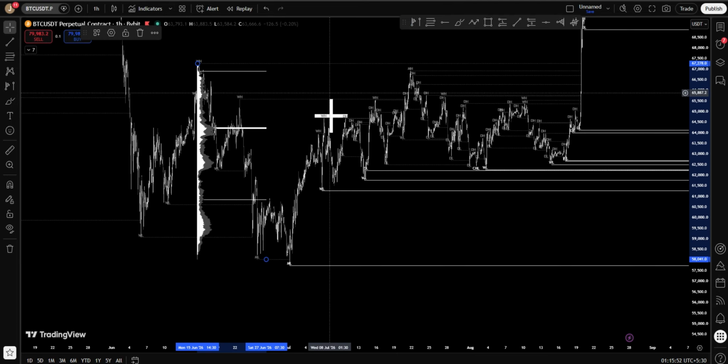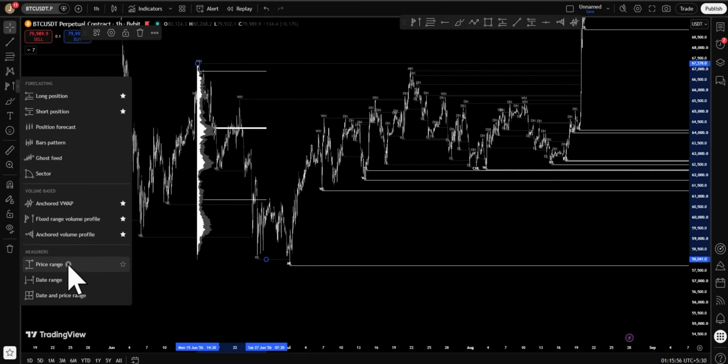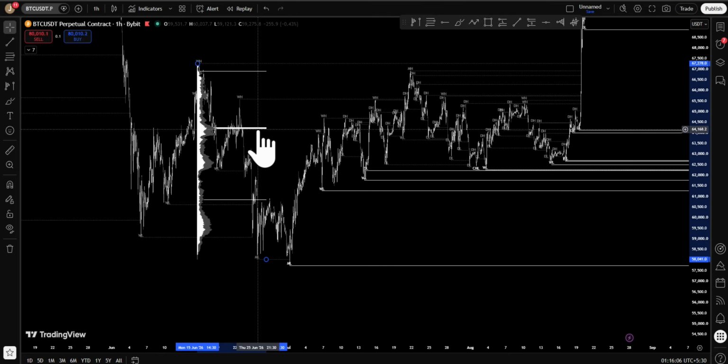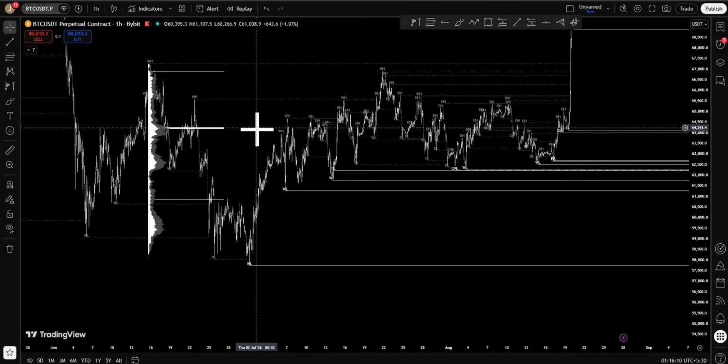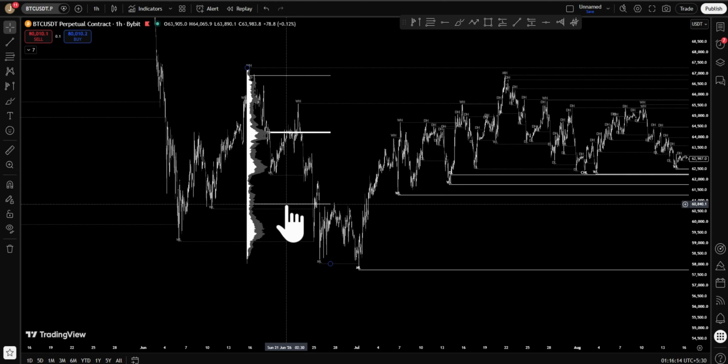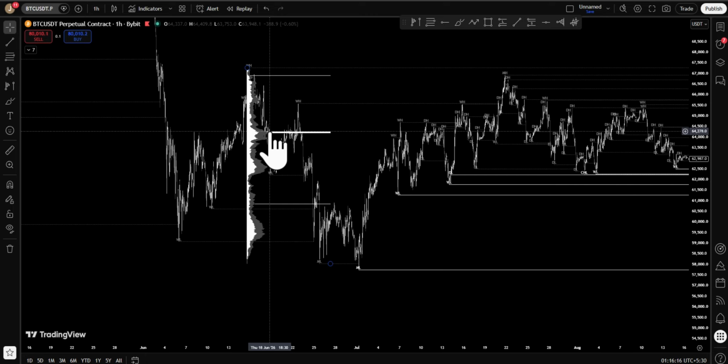You can find this tool in this section, tap on the star button and save it into your list. Now you will have three levels when you use this tool: value area high, value area low, and point of control.